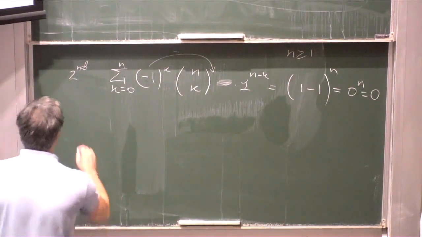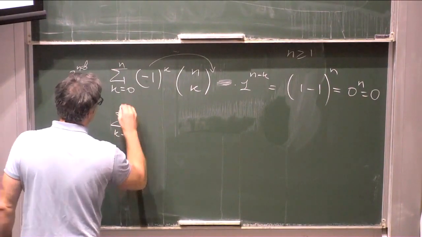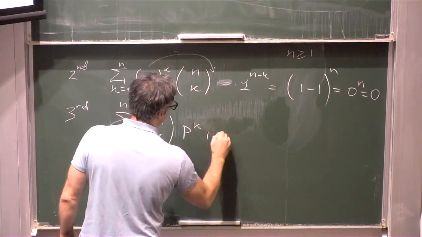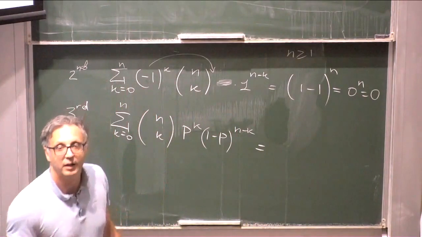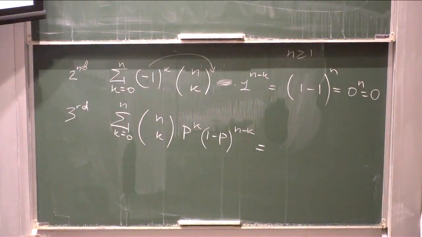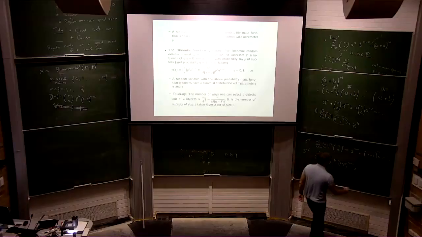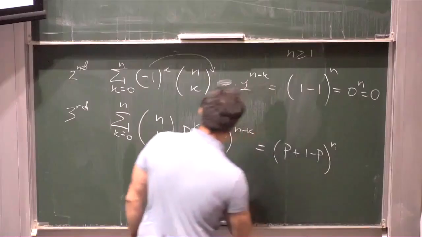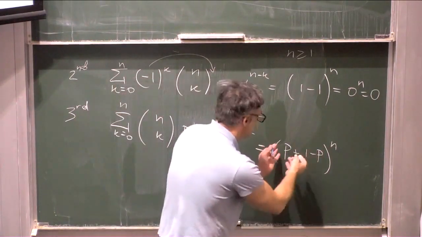Now, the third example. Now, please, this one I really care about. I think that's just 1. That's 1, you think right? This is (p plus 1 minus p) to the power n. Because I call this a, I call this b. a plus b is this.